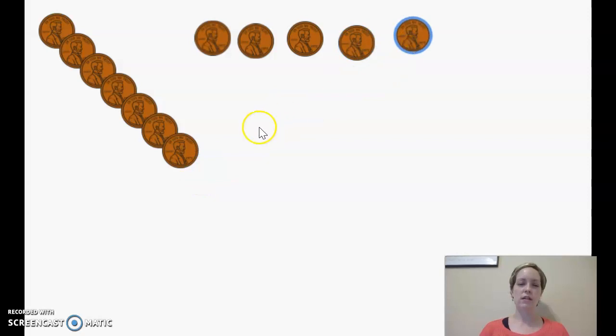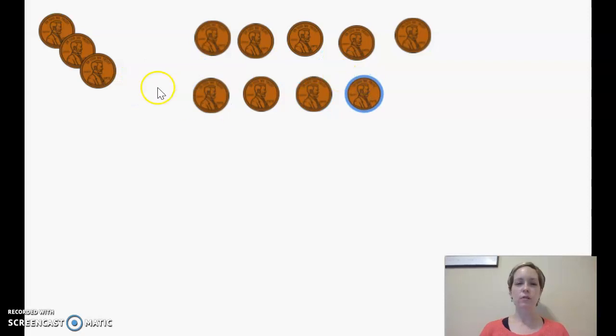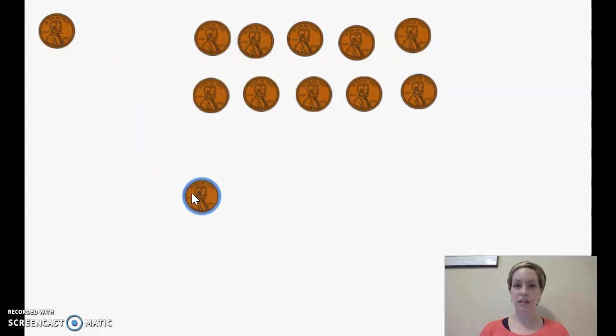I'm wondering if there is something else I could use. Another coin that has a value that's going to make my life a little bit easier. Hint, hint, think place value. Hint, hint, look at how I'm arranging my pennies.